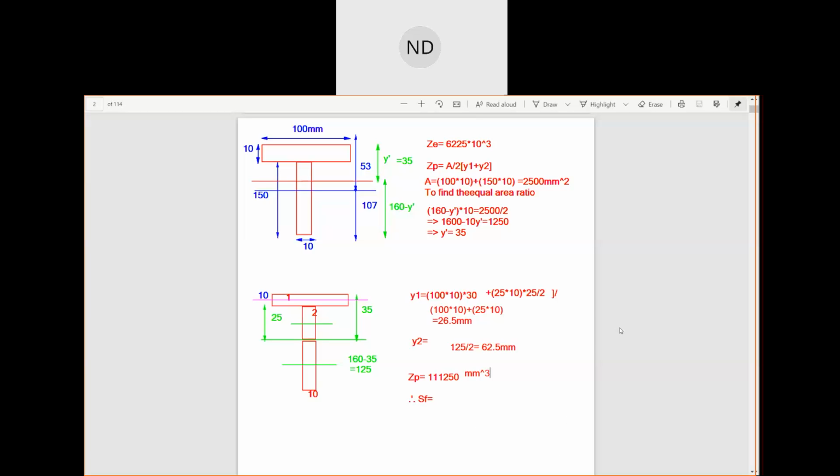I think the shape factor for this is similar, somewhat 1.78. What have others got?